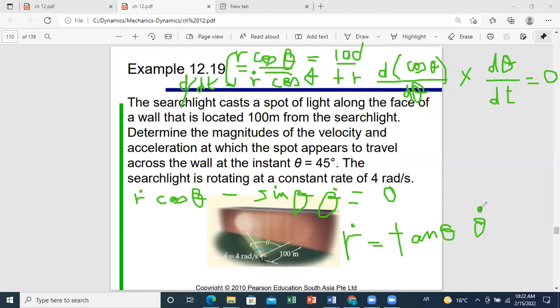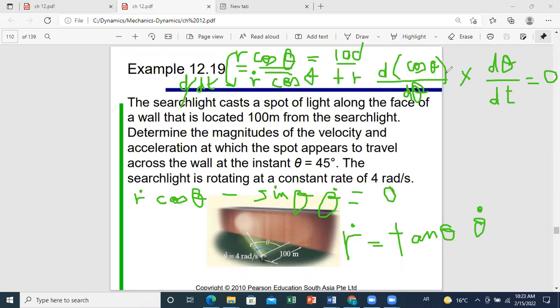Okay, and then now you can calculate at the instant you want. Here you are interested at theta 45, so you replace theta by 45 degrees. You get that r dot at 45 is tan 45 times 4, and now you replace into your velocity expression and you get your velocity vector. Okay, now the next step is to find the acceleration vector.